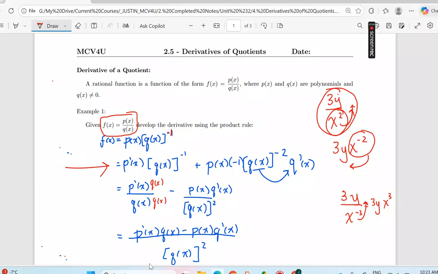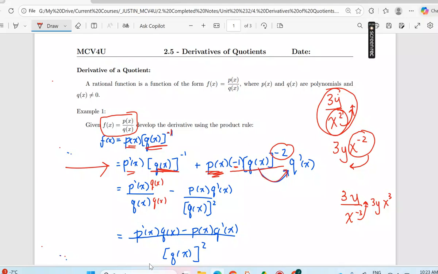Using the product rule, the derivative of p(x) times this whole thing without changing anything, plus p(x) without changing anything, just copying it, and the derivative of q(x). So bringing the negative 1 down, negative 1 subtract 1 is negative 2, and then chain rule, the derivative of what's inside.